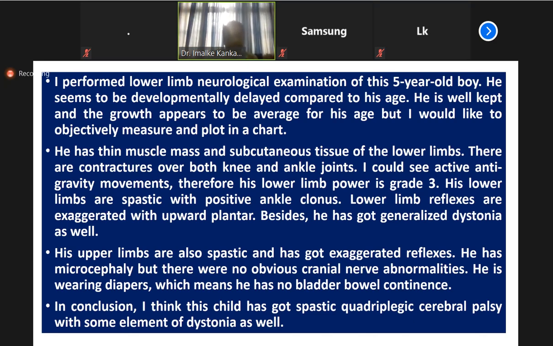He has microcephaly, but there were no obvious cranial nerve abnormalities. He is wearing diapers, which means he has no bladder or bowel control. In conclusion, I think this child has spastic quadriplegic cerebral palsy with some element of dystonia. So this is how we are going to present.